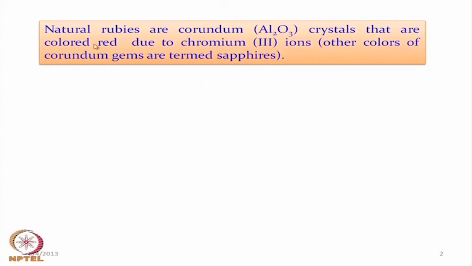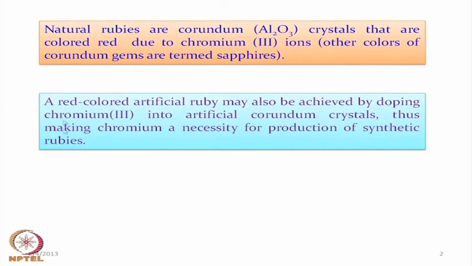And this particular red color is not available all the time, but due to the presence of this chromium we can have some other colors also, and these corundum based gems can also be termed as sapphires if the colors are different from the red color of the ruby. So a red colored artificial ruby may also be achieved by doping chromium 3 into artificial corundum crystals.